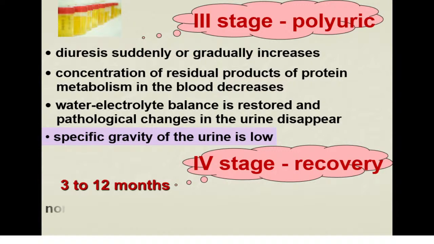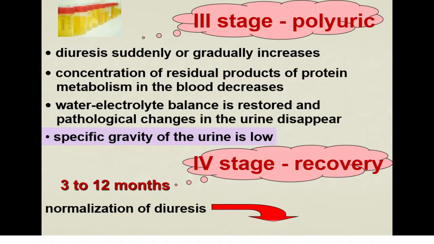And if the specific gravity is not normalized during this period, we are talking about the formation of chronic renal failure. If the specific gravity normalizes, we say there is normal excretory and concentration function, and the patient will be assessed as completely healthy.